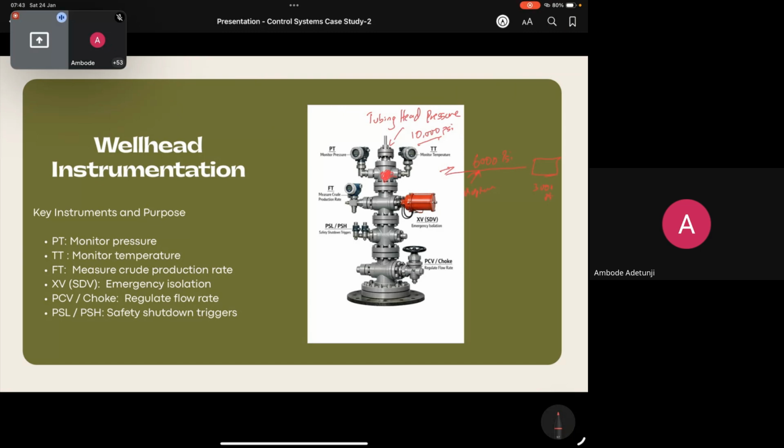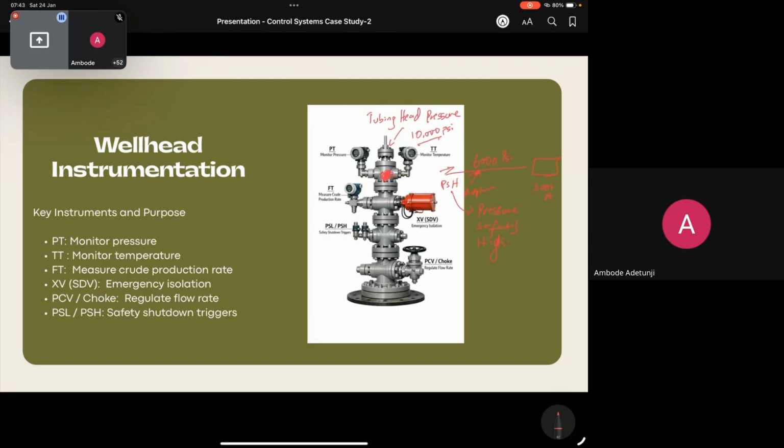And that is where what we call the PSH comes in. Pressure safety high. Like we said, it's a pressure switch.